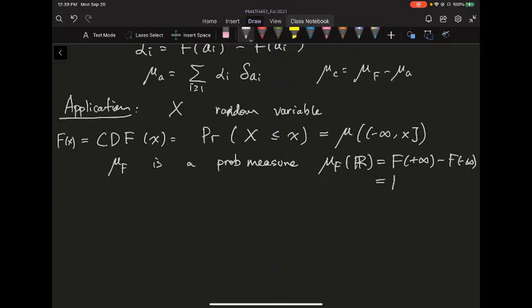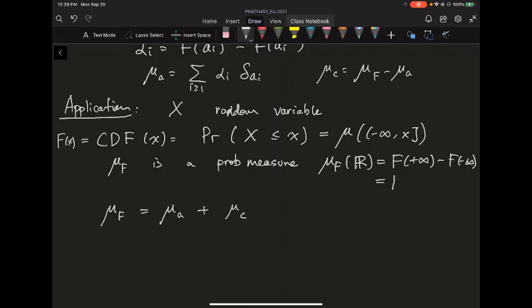All right, so with this probability measure, now you have a decomposition. This mu of f you can decompose as an atomic or discrete one plus some continuous one. So in other words, in the language of probability, you're basically saying this random variable can be written as a discrete random variable and some kind of continuous random variable.